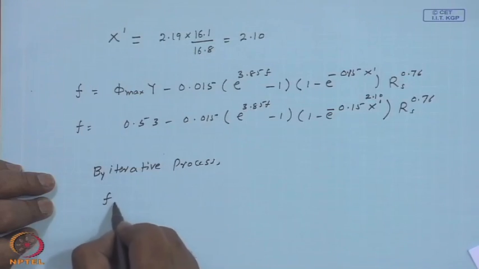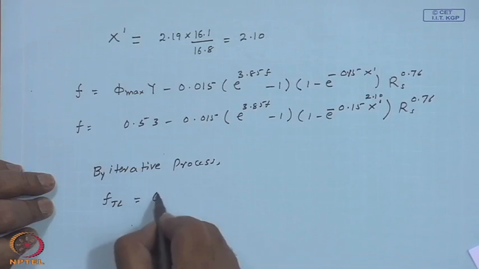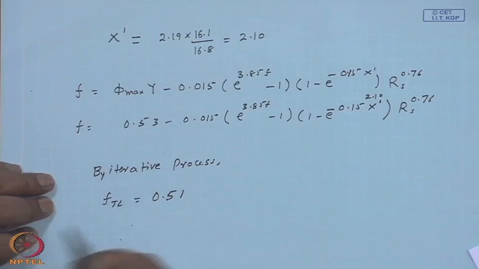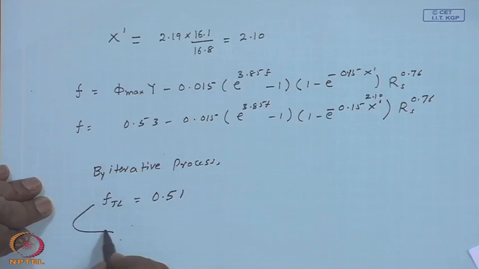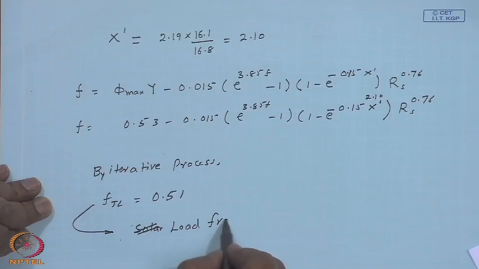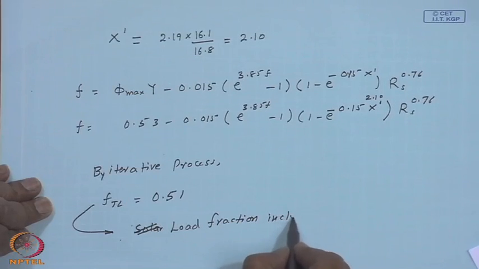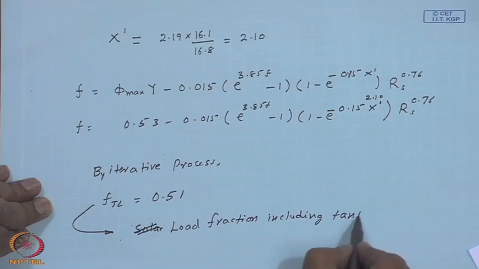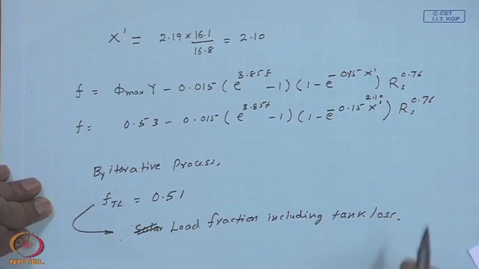F T L equal to 0.51. Now, you remember this is the solar load fraction, rather I will just call it the load fraction including tank loss. Okay. That is our notation.